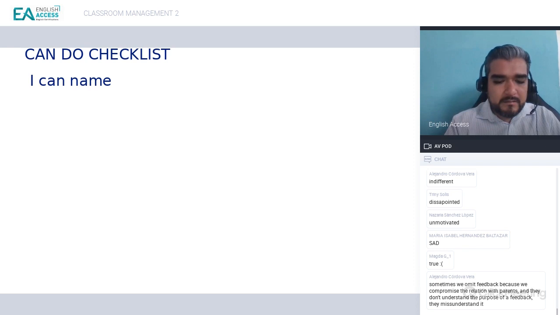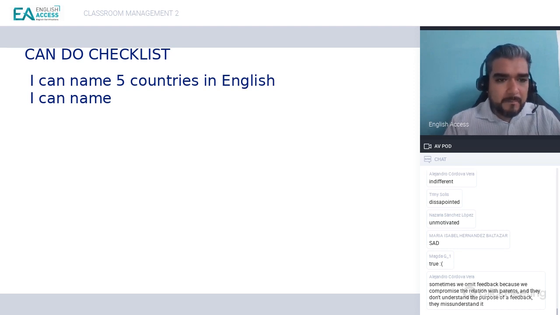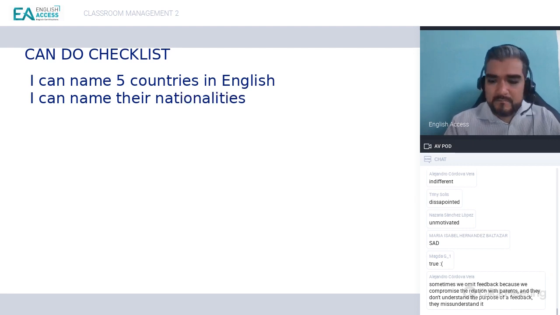I can name 5 countries in English. I can name their nationalities.